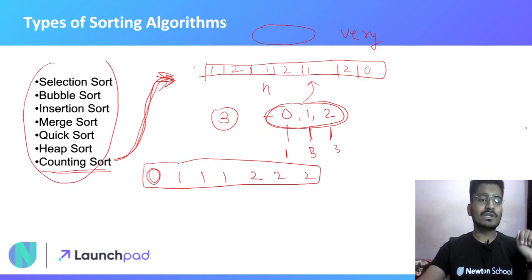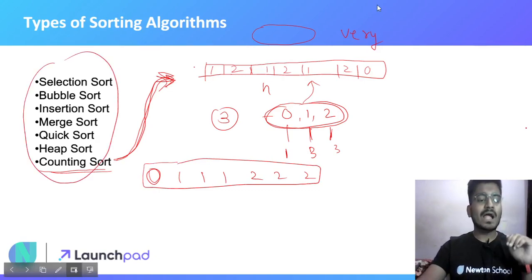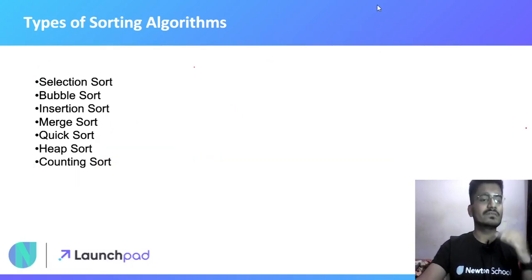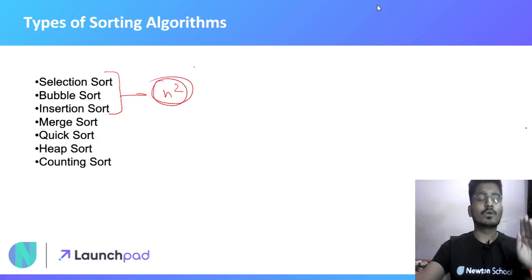I have already given you a brief of every algorithm, and we will of course see every algorithm in depth, with implementation, in separate videos. And let me tell you the time complexities. These three algorithms have polynomial time complexity, that is n square, where n is the size of the container.